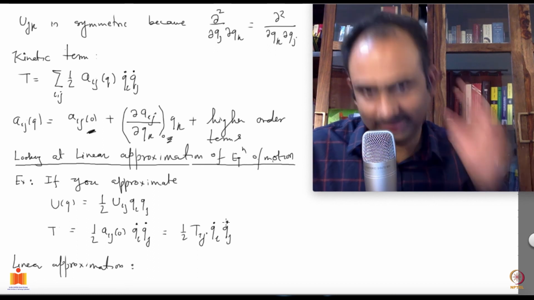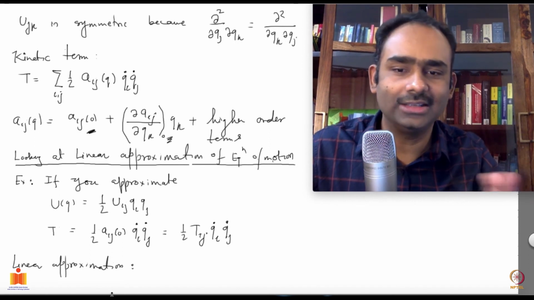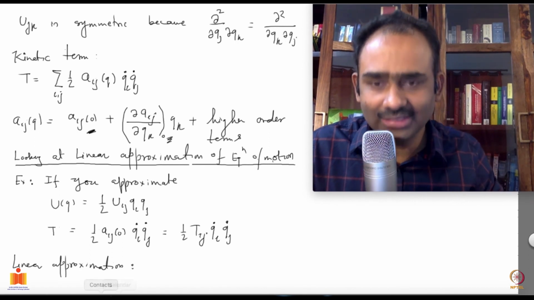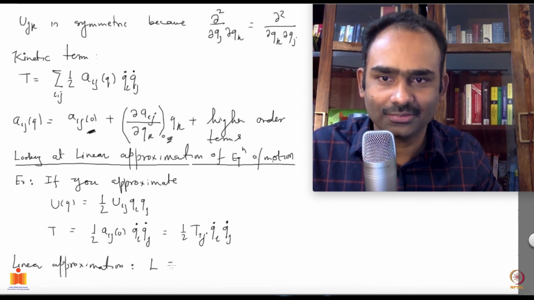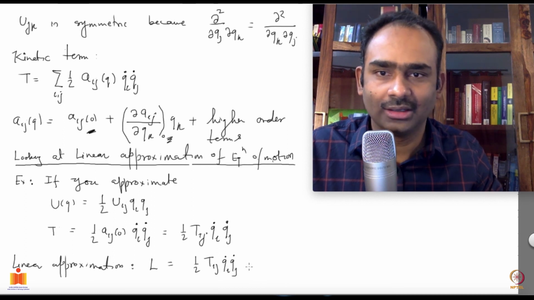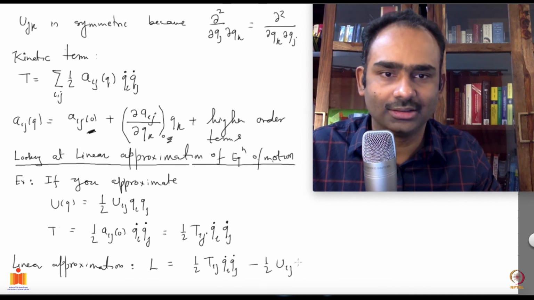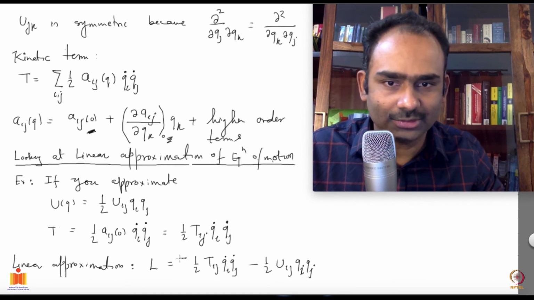Under linear approximation, any system, I'm not making any assumptions about the system, you can approximate its Lagrangian by L equals half T_ij q_i dot q_j dot minus half U_ij q_i q_j, with the summation over i and j implied, and I have dropped all the other terms.